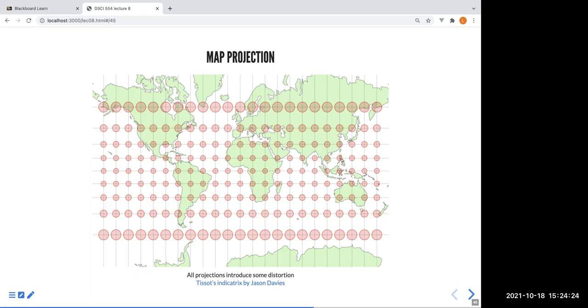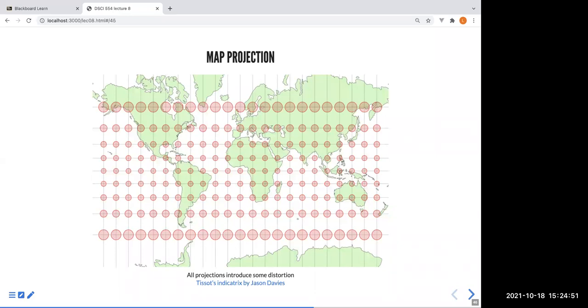And this means that the areas are represented on the map by a larger surface than what they are at the equator.